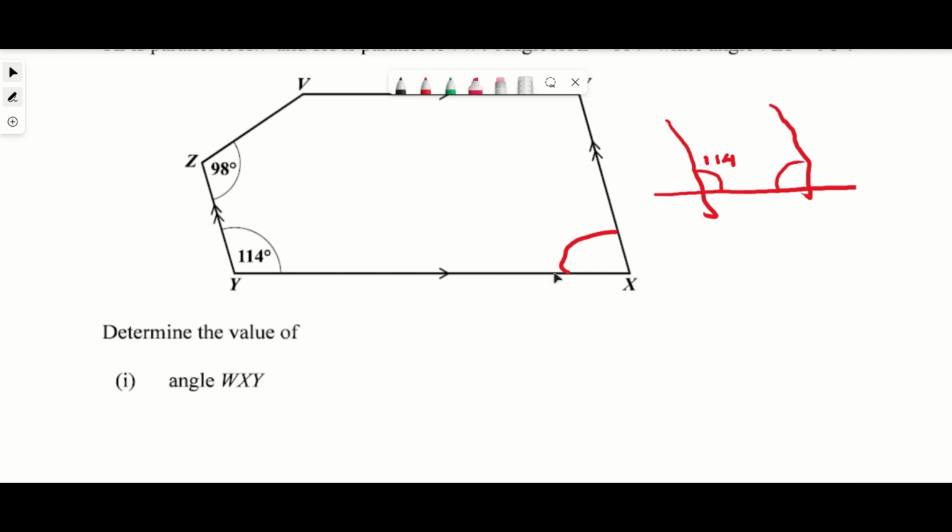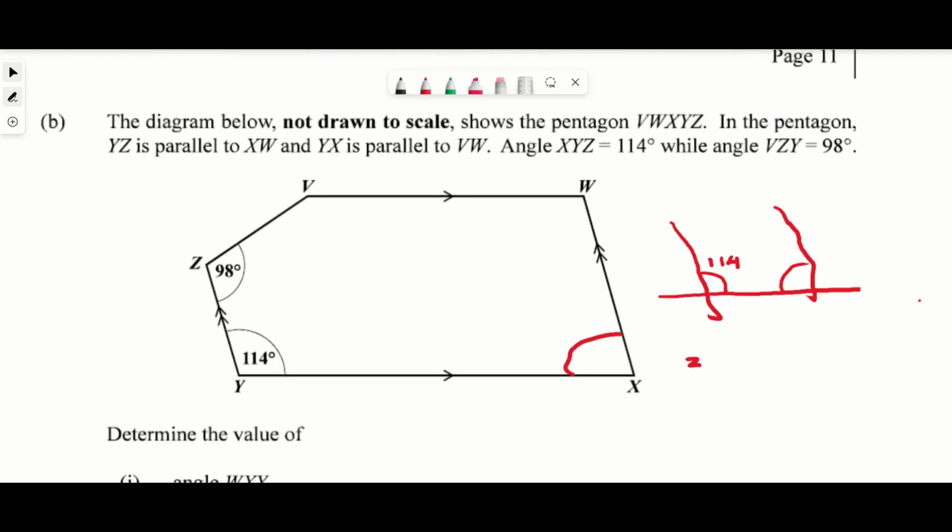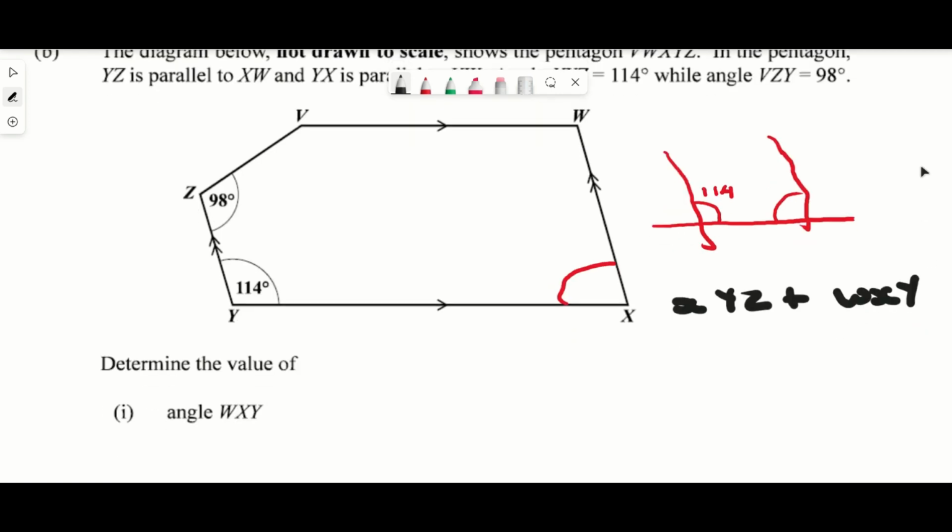We can calculate this angle here by saying that angle XYZ plus angle WXY is equal to 180.